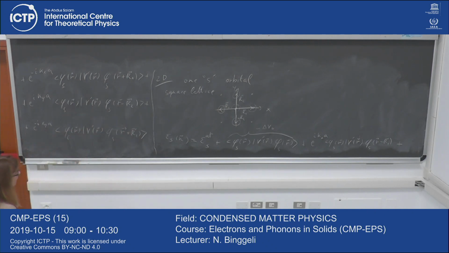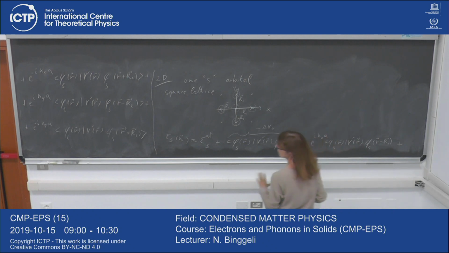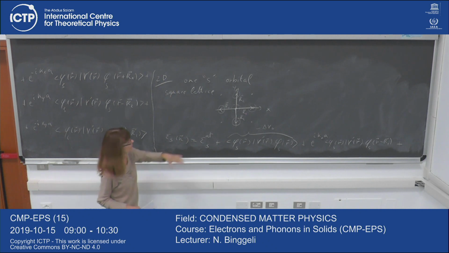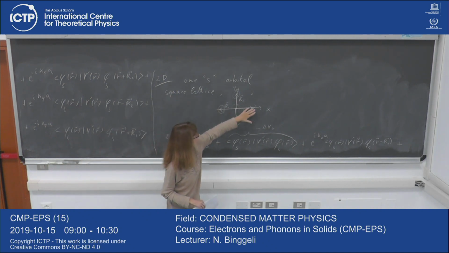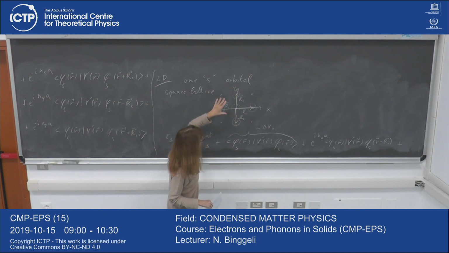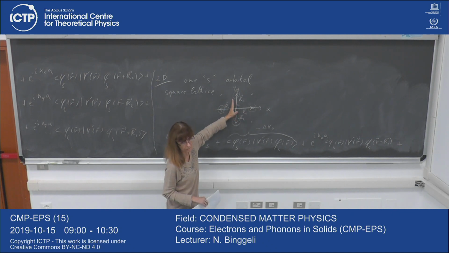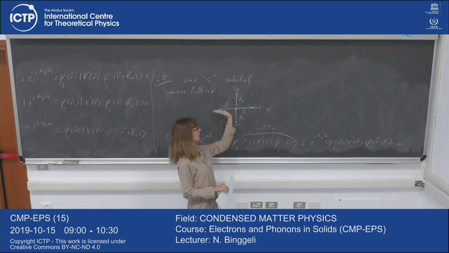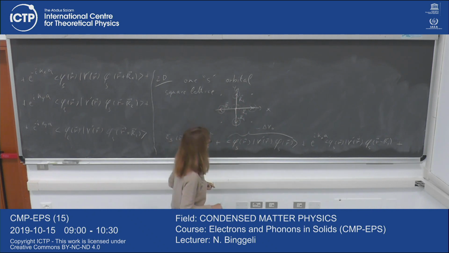the tight binding approximation. Now, all of these matrix elements are the same in the square lattice because I'm integrating this wave function times this wave function and my crystal field that has the symmetry of the square lattice, that is invariant under any kind of rotation of 90 degrees or reflections.